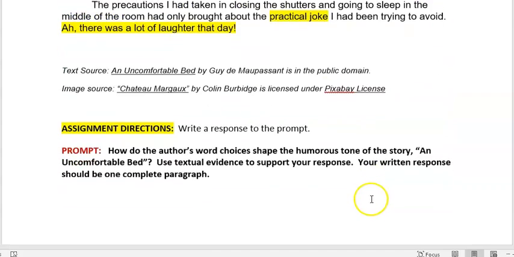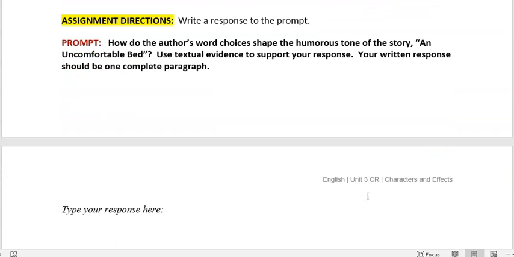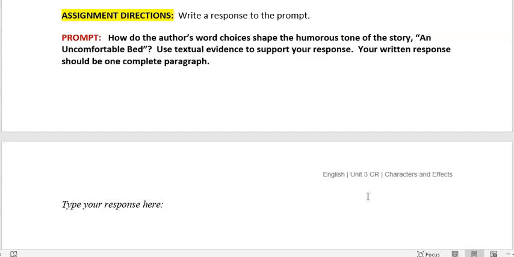And now you can just explain how those words and phrases that I highlighted help to shape the funny overall atmosphere of the story. All right, good luck.